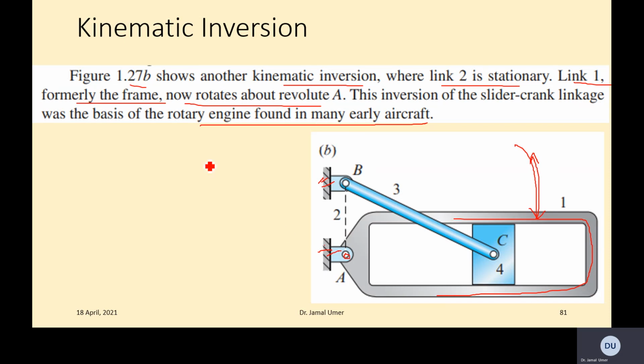It is basically a 4-bar link because we still have 4 links operating, but now instead of the cylinder, link 2, which was basically the crank, is now stationary. So this is a frame basically. So this is another example.